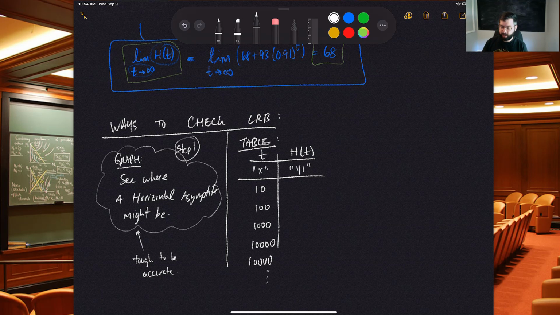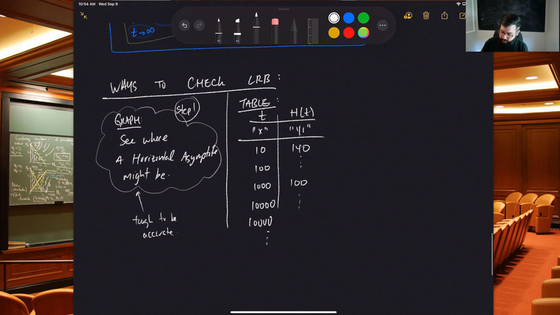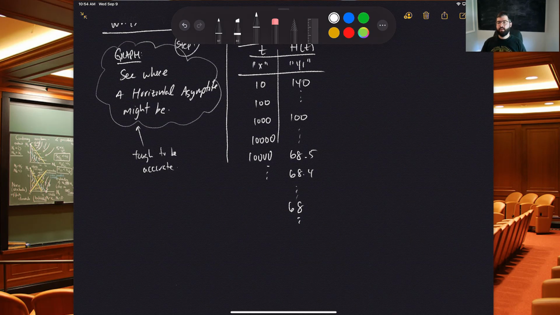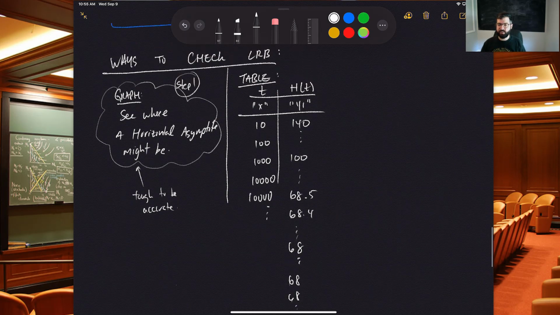And you'll see in your calculator that this might start off at something like 140, maybe cooling off to 100, and then you'll eventually see it's at 68.5, 68.4, and then it will just eventually level off to 68, and you'll just keep seeing 68s in a row. That's meaning that it's tending towards its limit at this 68.